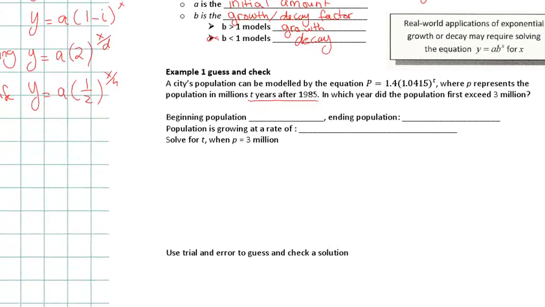So, the beginning population is 1.4 million, right? The ending population is? What's the question asking you, what would you want your end population to be? So in which year did the population first exceed 3 million? So the ending population that we're looking at in this question is 3.